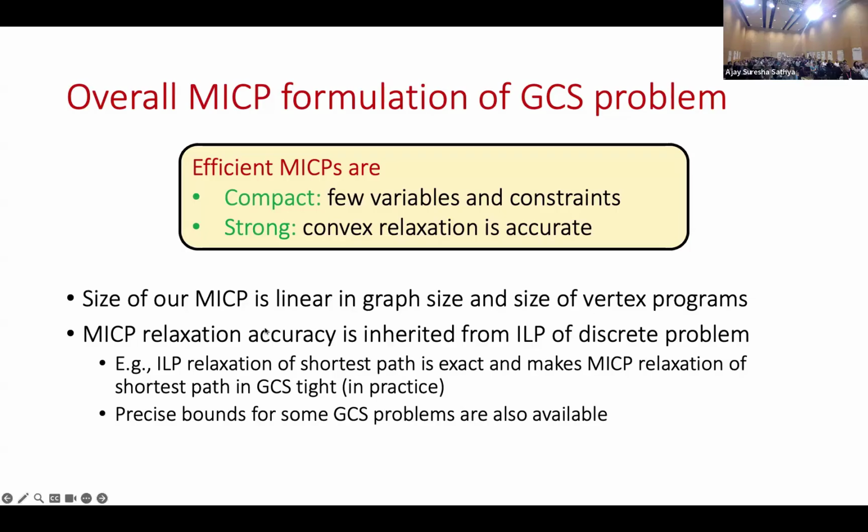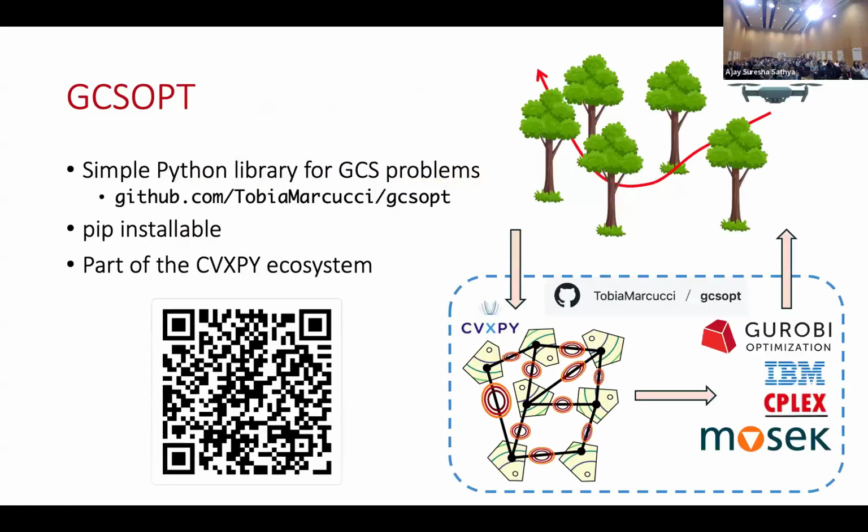But informally, what we notice is that if you start with an integer linear program for the discrete problem that has a tight convex relaxation, that is typically inherited by our mixed integer program for the GCS version of the problem. I do have some bounds, but I don't want to be tedious and show you all the results. I can show you some experiments later.